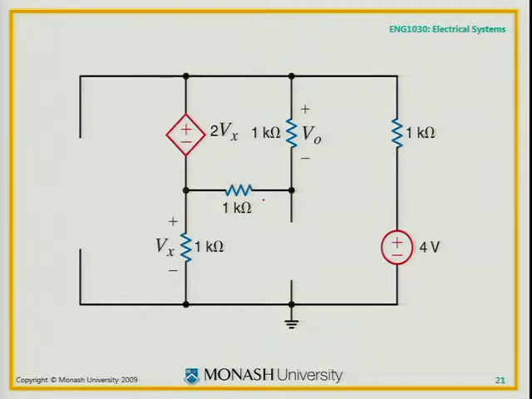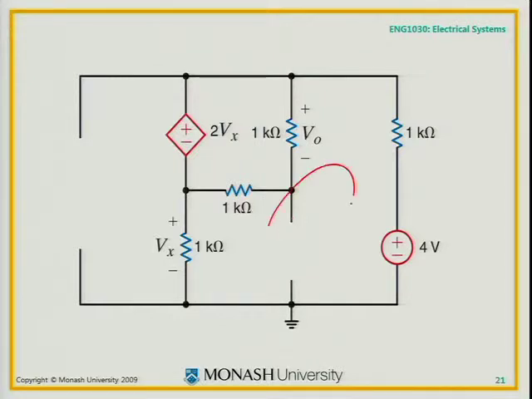Now, as it turns out, you could analyse that circuit and you will see that V0 is 1 volt. Use loop analysis. I think loop analysis is quite good there. I'll just sketch the idea for you.